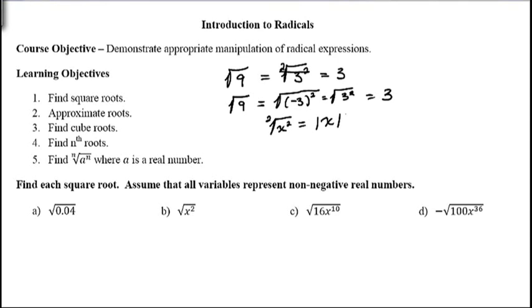So again, I'm not going to talk about this all that much, but just be careful when you're doing your MyMathLab homework or a quiz, because if it doesn't make a statement about the variables being non-negative real numbers, then they'll want you, whenever you do an even root of a variable, to make sure that it's in absolute value bars like that.